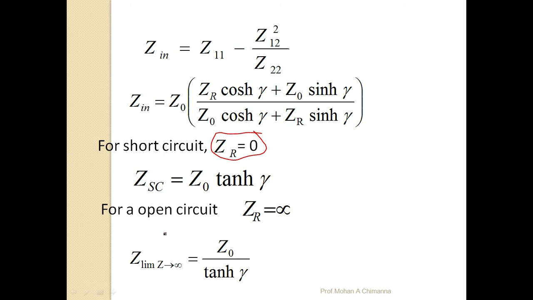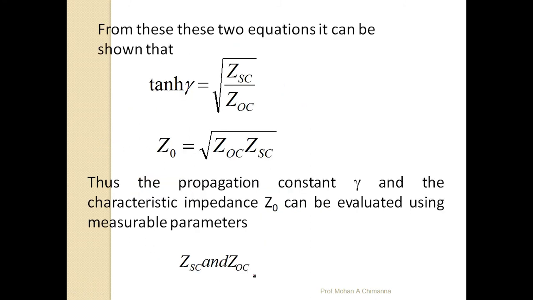So in case of the short circuited, ZSC is equal to Z0 tanh of gamma, or for the open circuited, ZR is equal to infinity, because this is the open circuit, so that ZOC is equal to Z0 upon tanh of gamma.